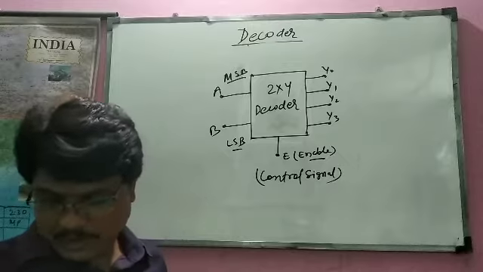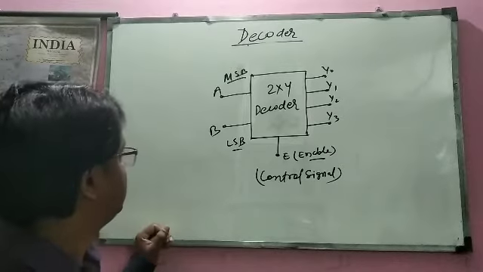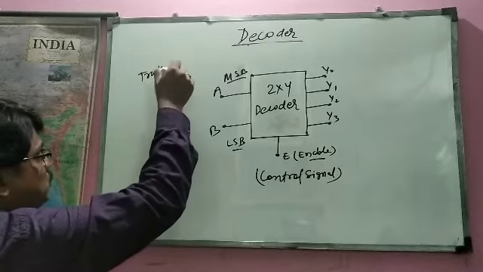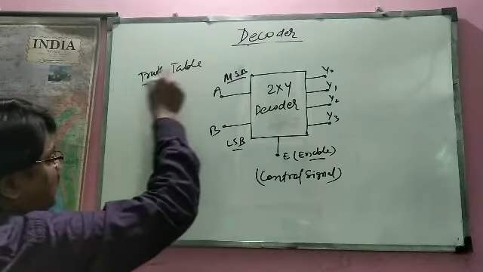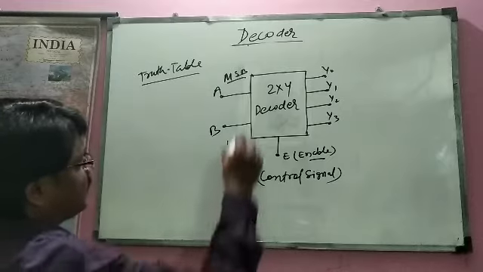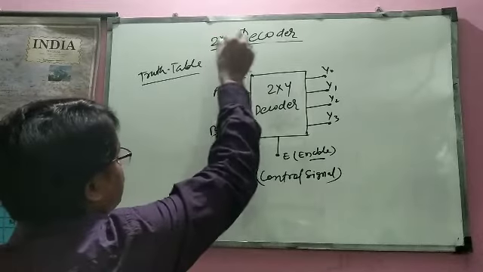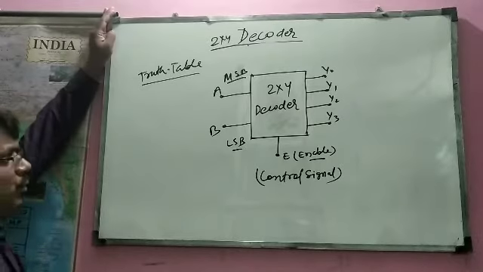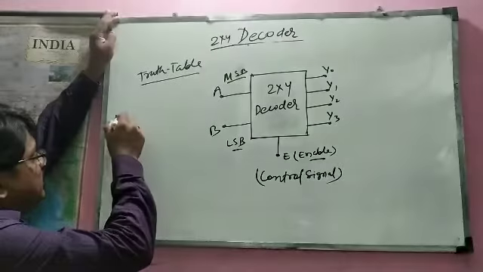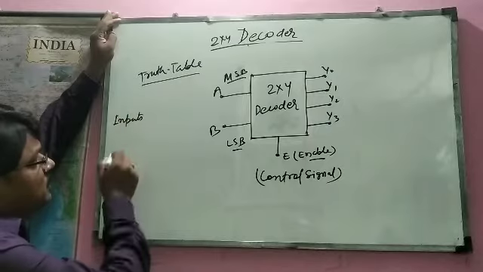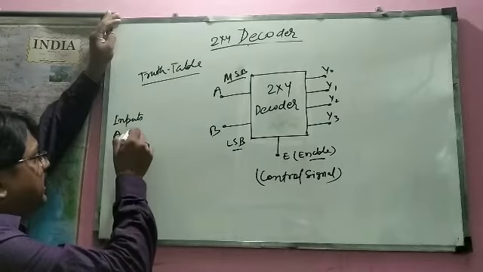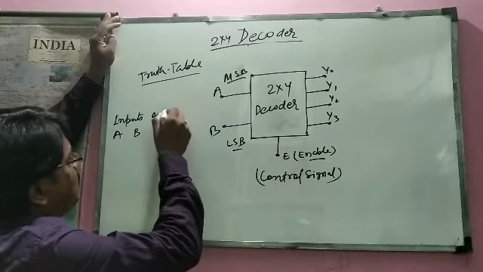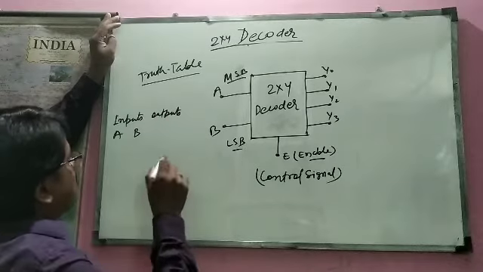So what happens? We will see the truth table of this 2:4 decoder. How many inputs are there? 2 inputs, A and B. How many outputs are there?